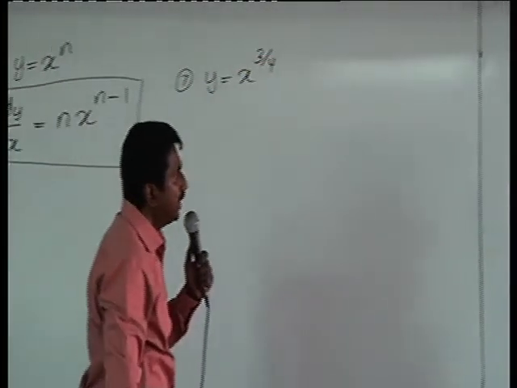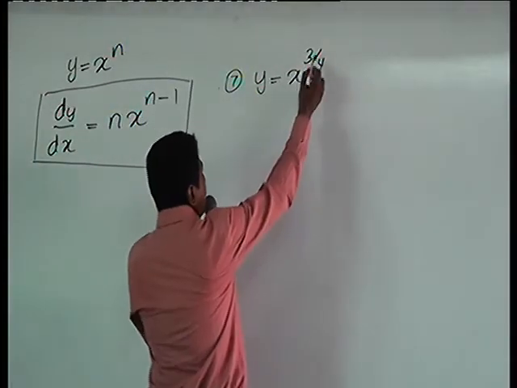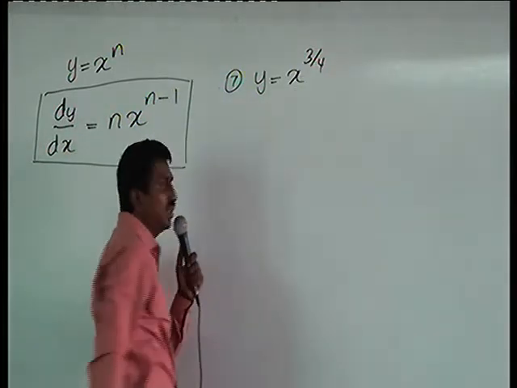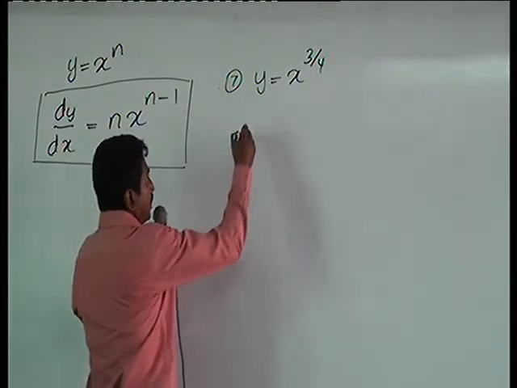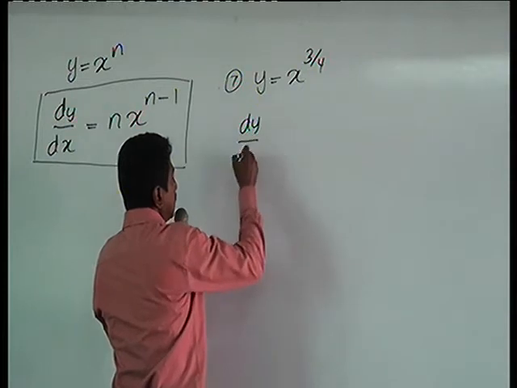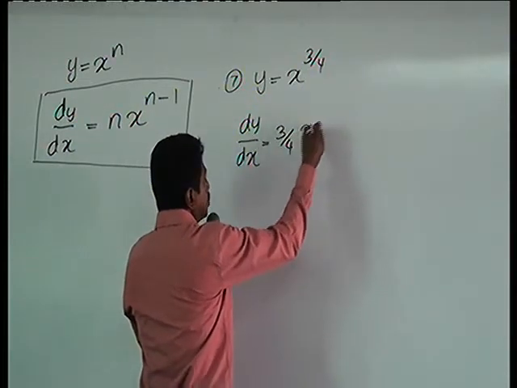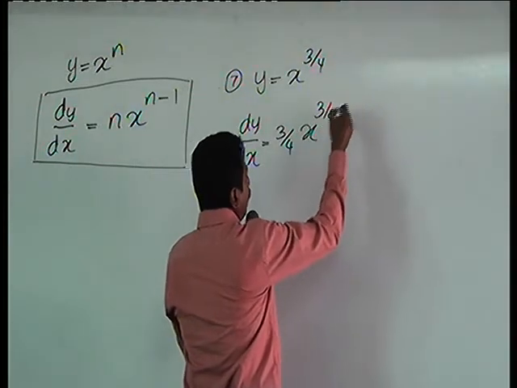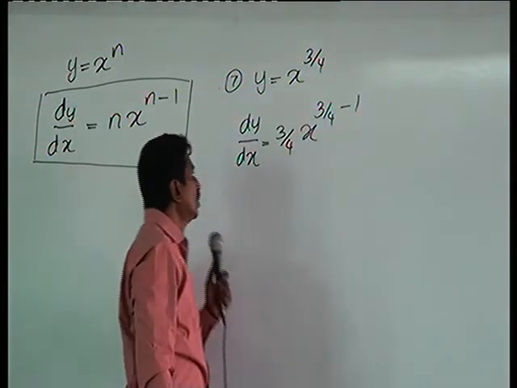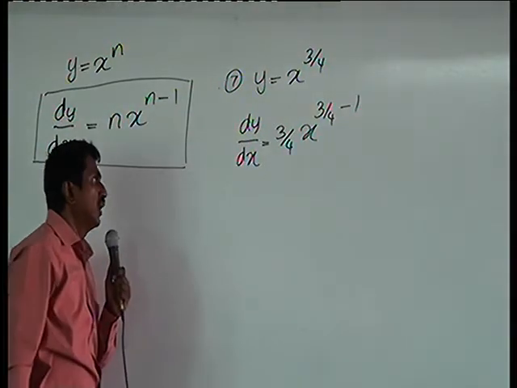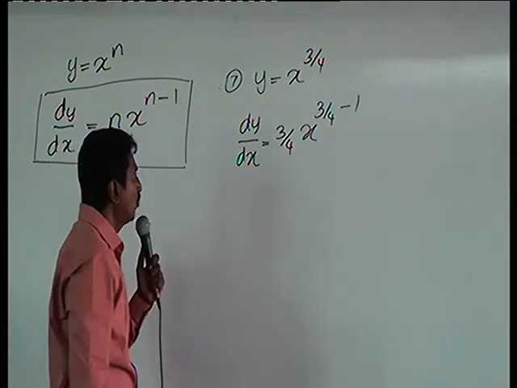Yes. Again, identify the value of n. So n is equal to 3 over 4. So dy by dx is equal to 3 over 4 x to the power 3 over 4 minus 1.